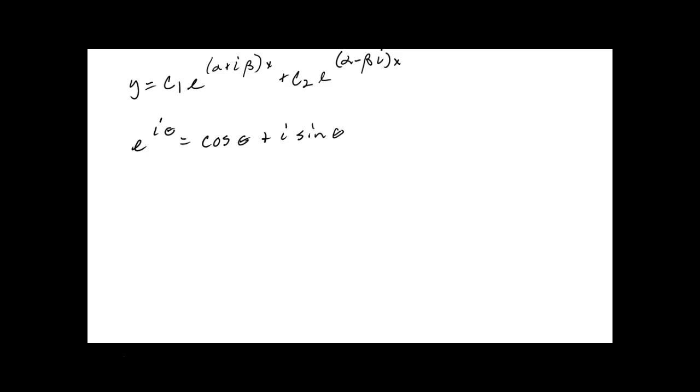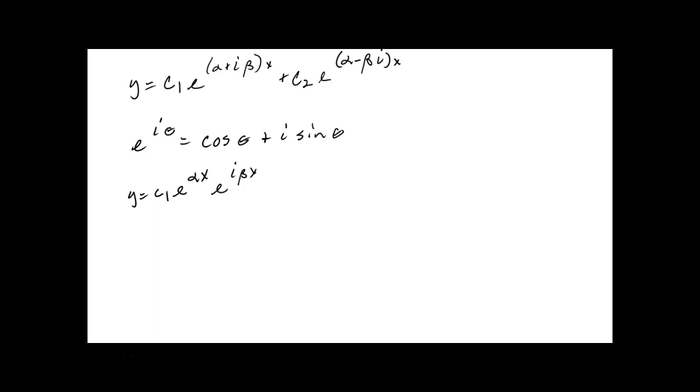Well, let's just do it, okay? And this may get tedious after a while. I may just quit and say, well, here's the solution. But let's say y is equal to C1 e to the alpha x e to the I beta x. Okay?